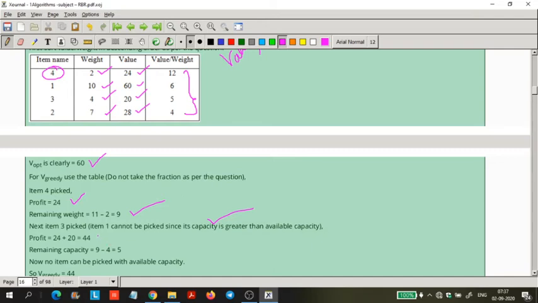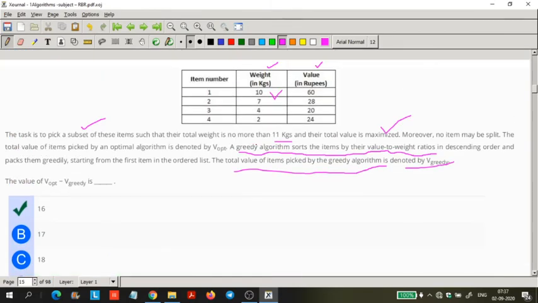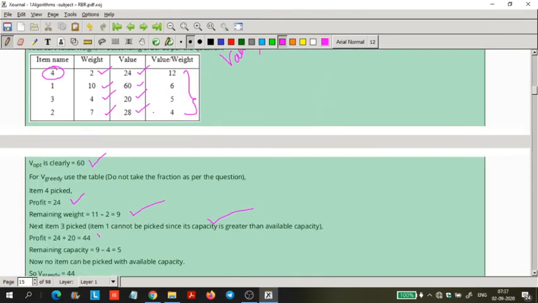So with item 3, the profit is 24 plus 20, that is 44, and the remaining capacity is 9 minus 4.